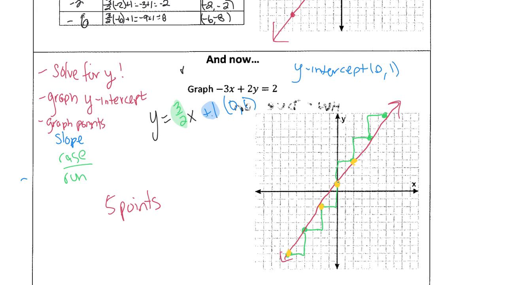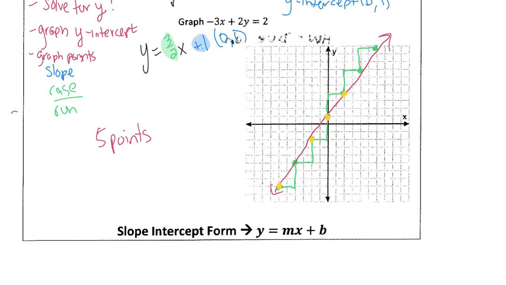We just didn't have as many points there, okay? So they create the same line, just using the table is not as manageable as graphing from slope-intercept form, okay? So we're always going to want to graph from slope-intercept form.